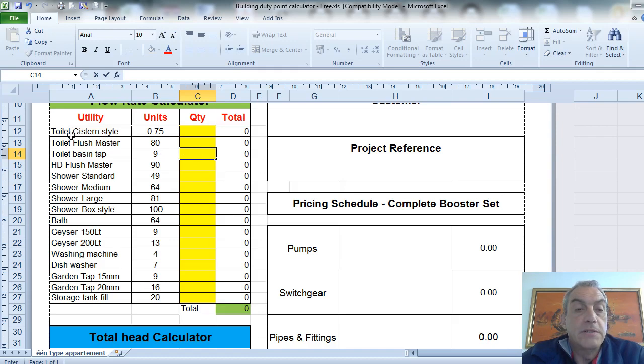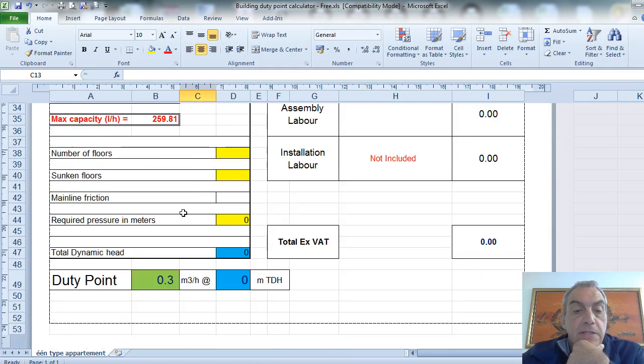So for argument's sake, let's just see the difference here. Toilet cistern, normal, we work on 0.75 units, and if I say on this installation there's only one toilet, and you go down to the capacity here, you will see it works out a calculated flow rate of 0.3 cubic meters per hour. Now, it doesn't mean it's going to pump 300 liters in an hour.